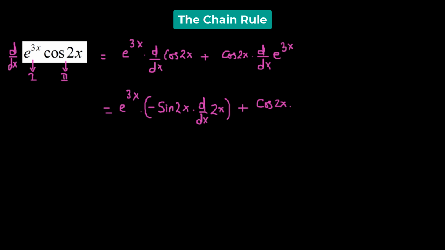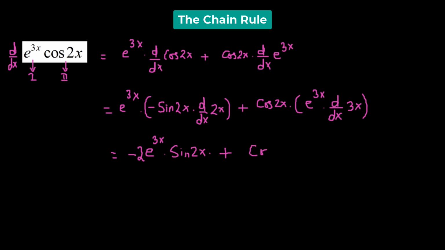We're going to assume that this 3x is x, so that should have given us e raised to the power of x. But since it's not, we multiply it by the derivative of 3x. So we have negative e raised to the power of 3x times sine 2x, and the derivative of 2x is 2, so we multiply it, plus cosine of 2x times e raised to the power of 3x times the derivative of 3x, which is simply 3.